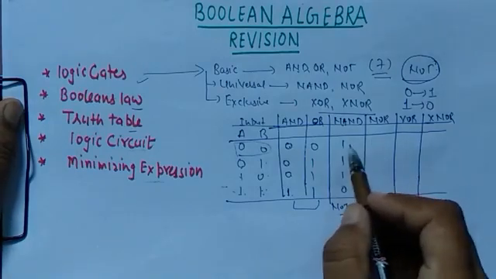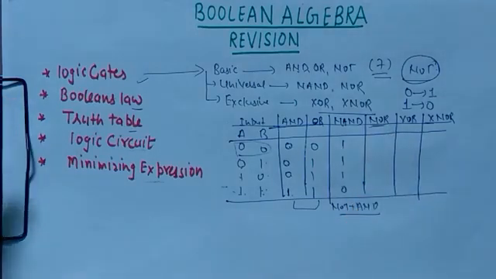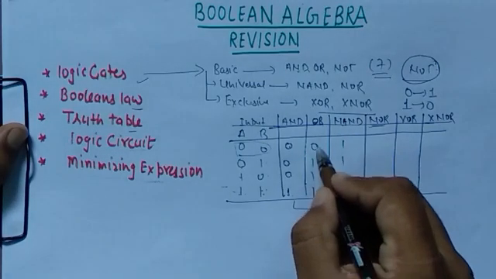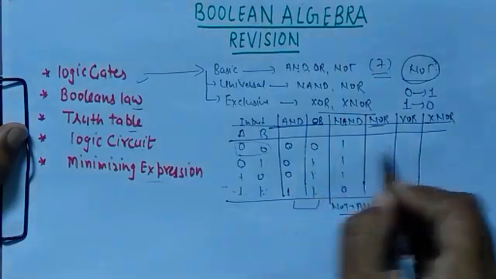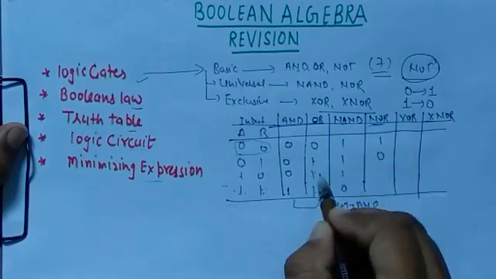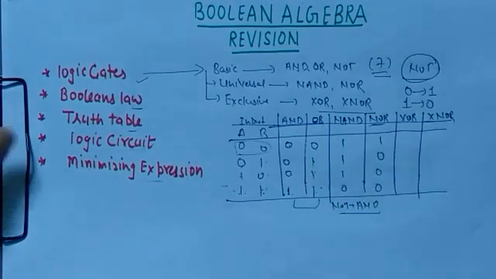In a similar way, NOR is the opposite of OR. What is the output of OR gate? 0 1 1 1. So opposite of 0 is 1, opposite of 1 is 0, 0, 0. So this is the output of NAND and NOR.